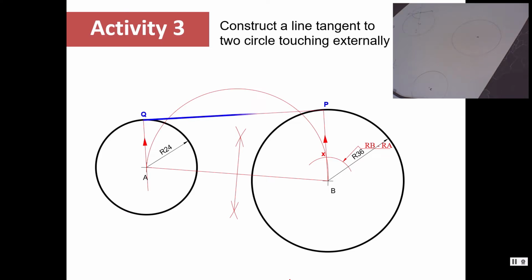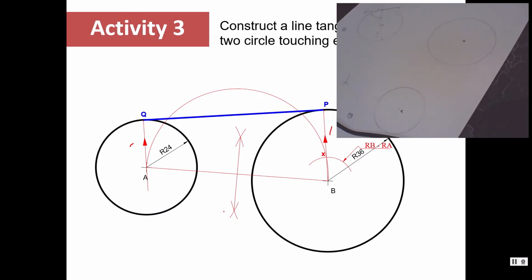You need to draw a straight line from B passing through X to the circle line. And then at the end, you have a parallel line in circle A, so that you're going to get point Q and point P here as the tangent points, and then just draw a straight line. It's okay, we can do it together.